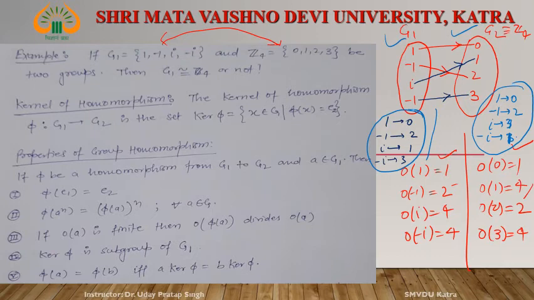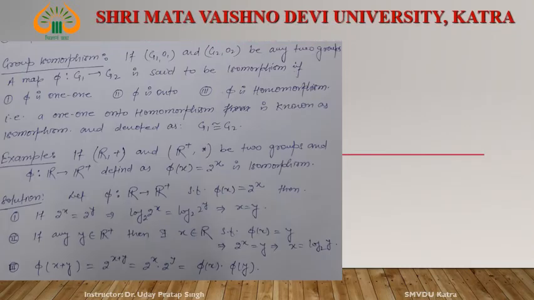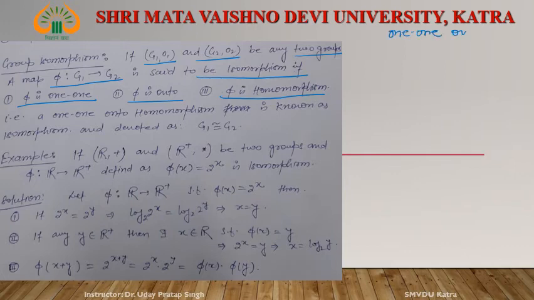See, the properties of group homomorphism, you already studied in your BSc class. This is homework for you. Now see, what is a group isomorphism? See the definition. If (G1, o1) and (G2, o2) are any two groups, then a map phi from G1 to G2 is said to be an isomorphism if three conditions are satisfied: this phi is one-one, this phi is onto, this phi is a homomorphism.